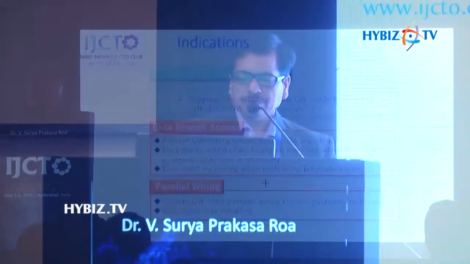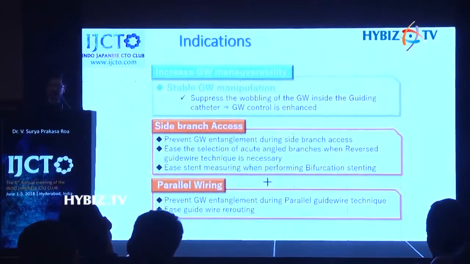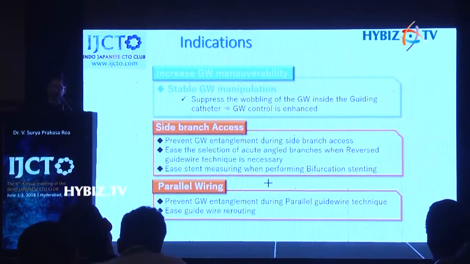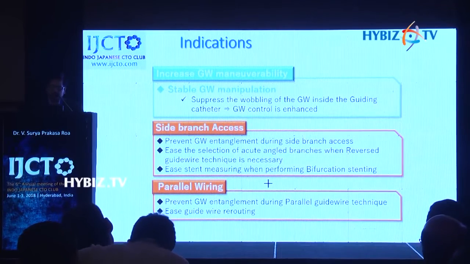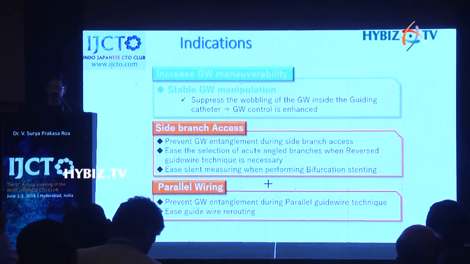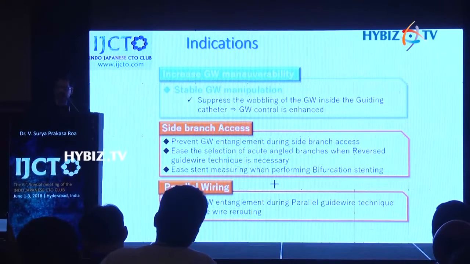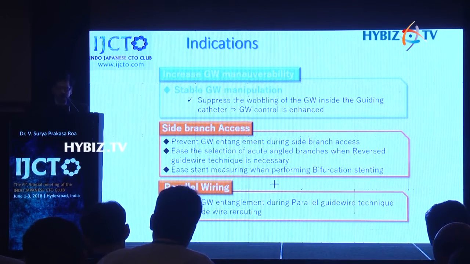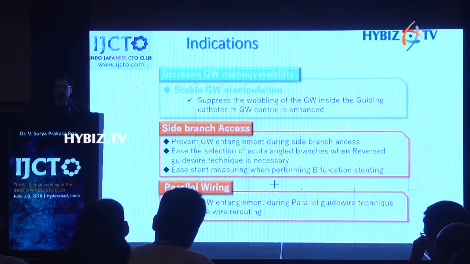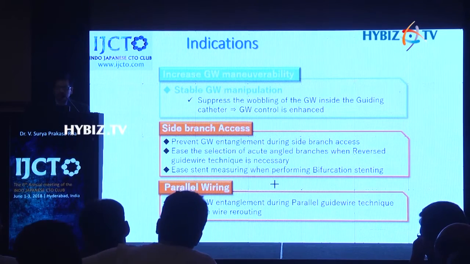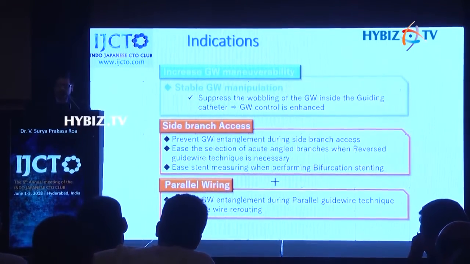I usually use the Crusade catheter, which is available in India, for branch access and the reverse wire technique, which is very important. You can use parallel wiring also. You can even do stent strut measuring when performing bifurcation stenting, because the tip to second wire launching distance is around 4 millimeters.